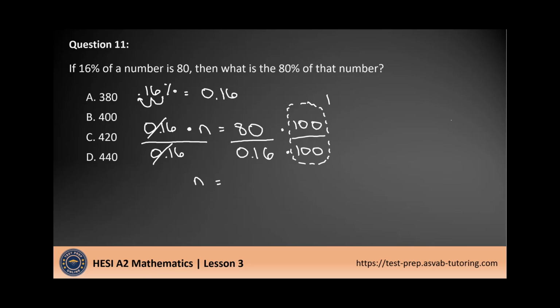So we're not changing our problem at all. We're multiplying a number by 1, and doing that is going to change how the number looks, but it's not going to change what that number really is. So we have 80 times 100. Easy enough. We're going to add 2 zeros for our 100.